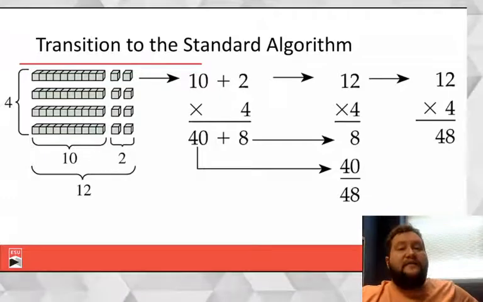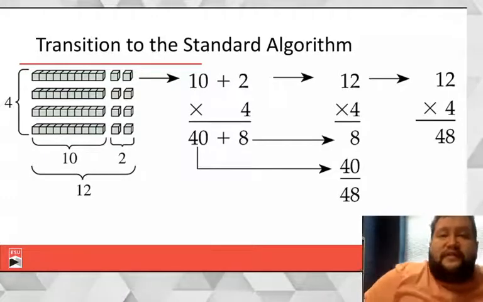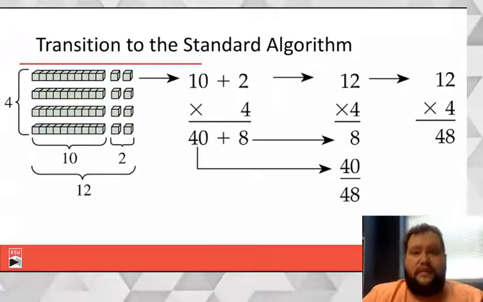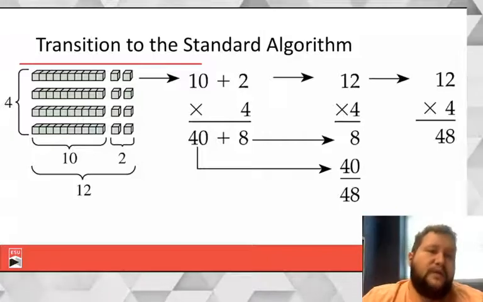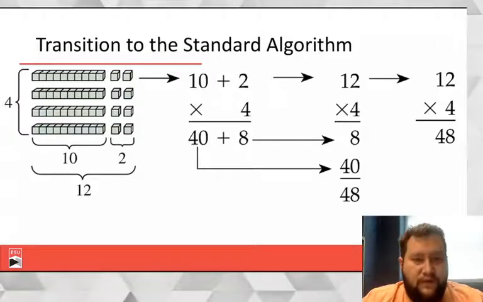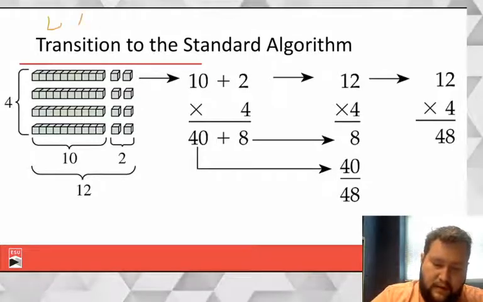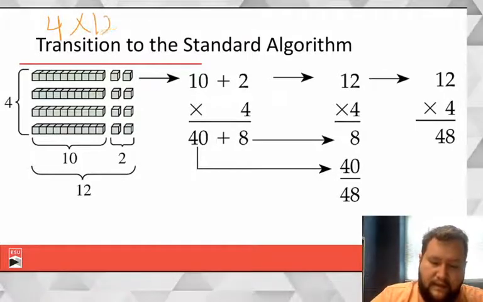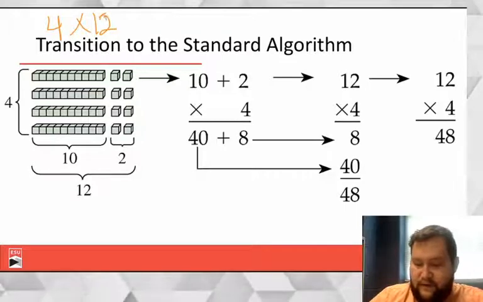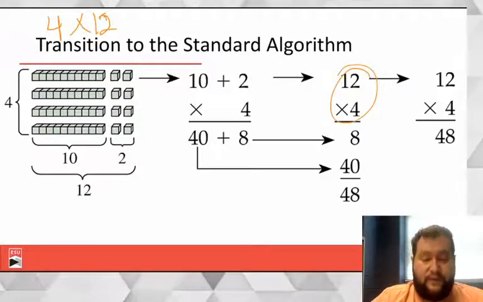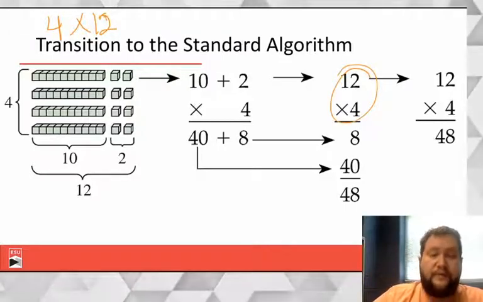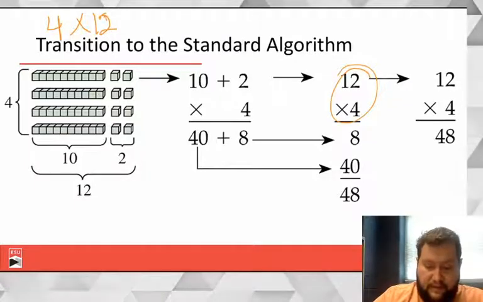And because of that, you can see how that starts to transition us to the standard multiplication algorithm. So if we have 4 times 12, and this is where I'm going to disagree with the book. This is not 12 times 4. 12 times 4 would be 10, and we have 4 of those, because we have 12 groups.